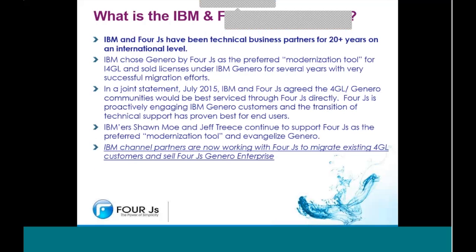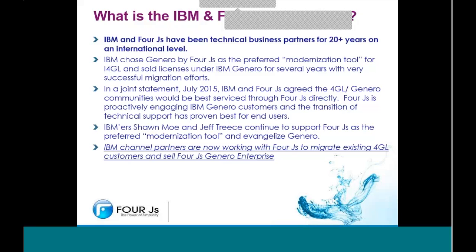What is the IBM and the 4J's relationship? We have actually been technical business partners for the last 20 plus years on an international level. In July, IBM decided that they were going to hand over the reins of IBM Genero simply because 4Js was doing such a great job in providing the support to the customers that they thought that it was best to just go to 4Js directly.